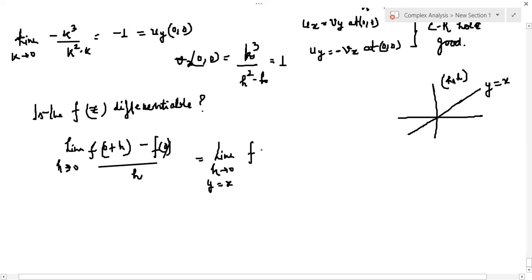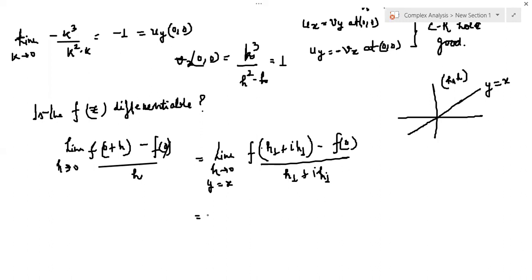So it is f of h1 plus iota h1 minus f of 0 divided by h1 plus iota h1.